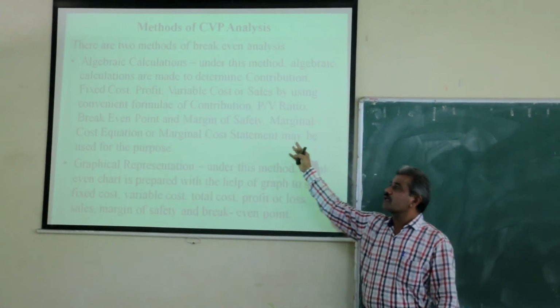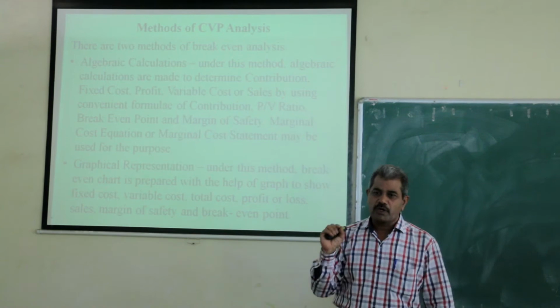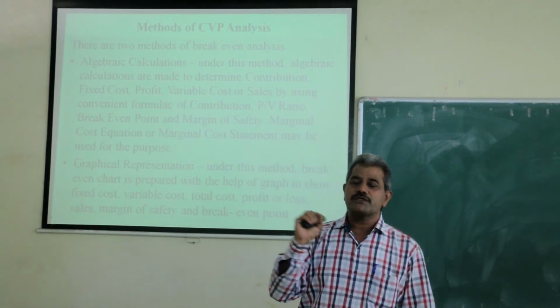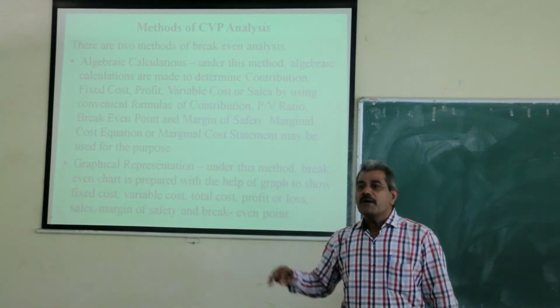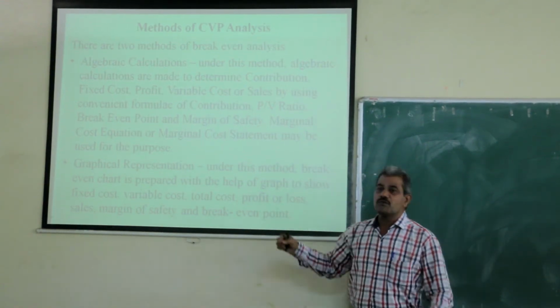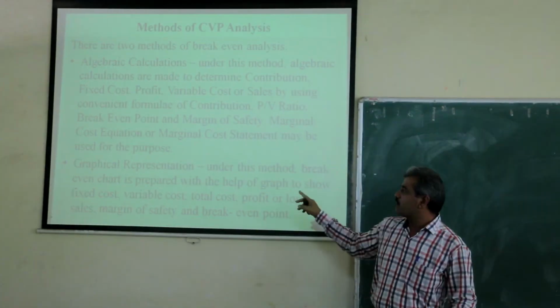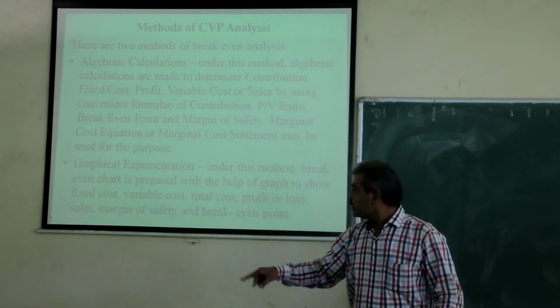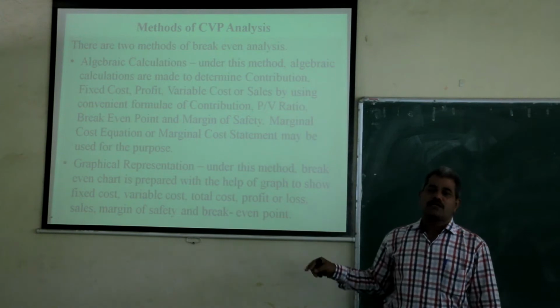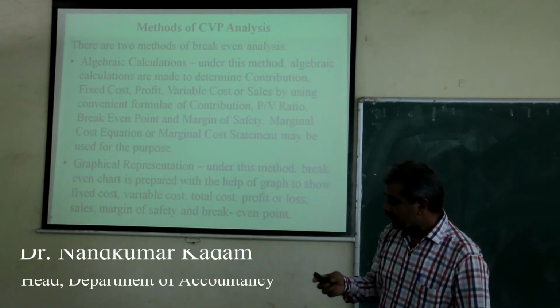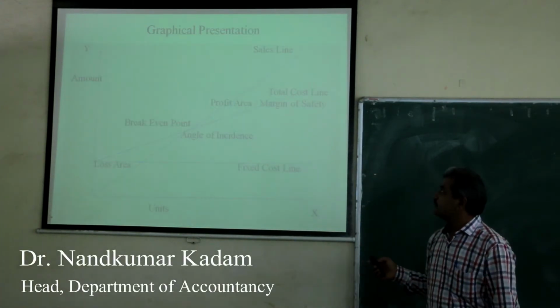In algebraic calculations we use formulae for contribution, PV ratio, margin of safety and break-even point. But in graphical representation we use graph paper and plot the cost, sales and profit on it.